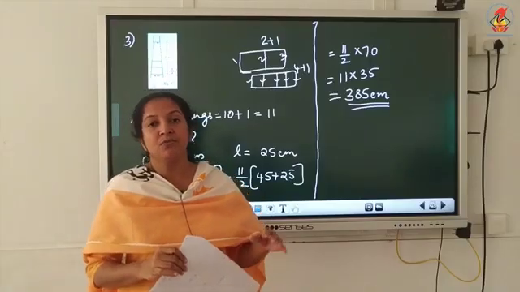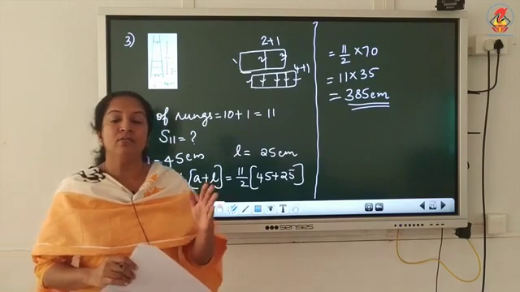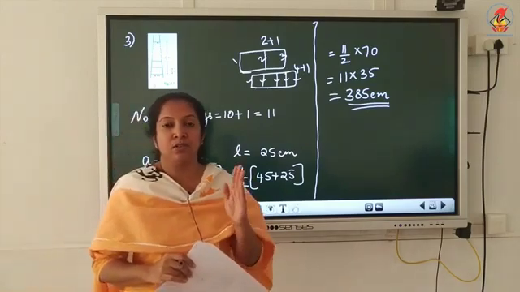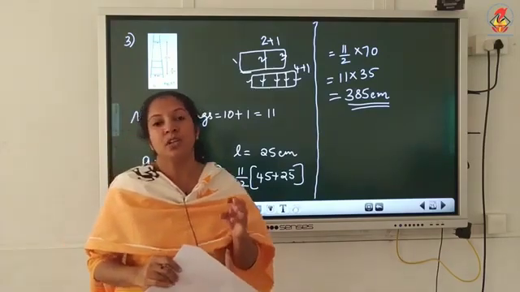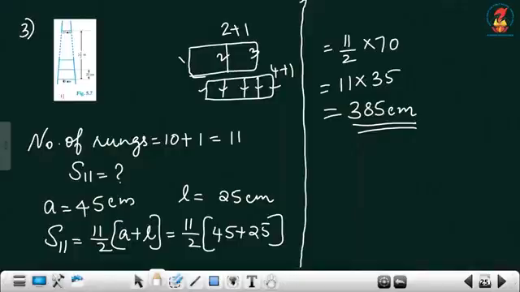First we found the number of rungs, then the sum of the 11 terms. That means the total wood required to make 11 rungs, that is S11 itself, is equal to 385.